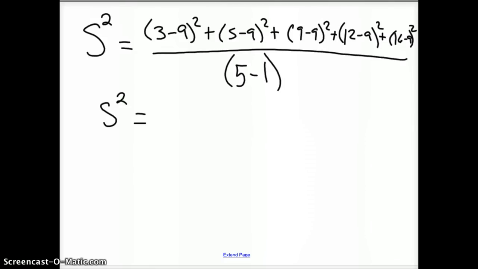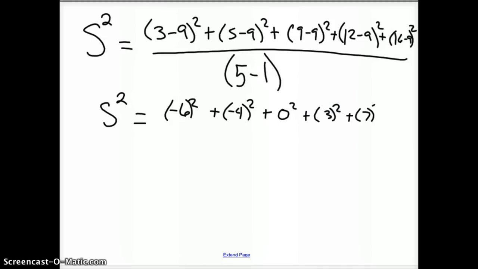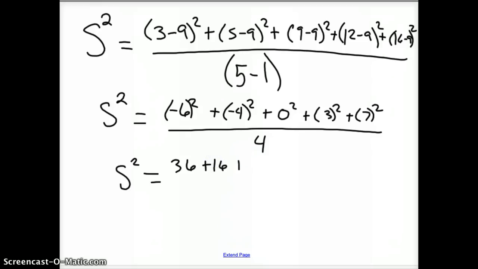So your variance equals 3 minus 9 is negative 6 squared plus negative 4 squared. Excuse me, let me put those in parentheses. Plus 0 squared plus 3 squared plus 7 squared, all over 4. And so s squared is equal to, if you simplify all that, 36 plus 16 plus 9 plus 49 all over 4.